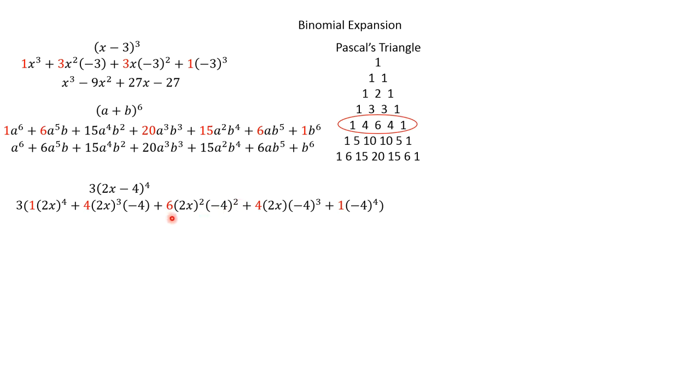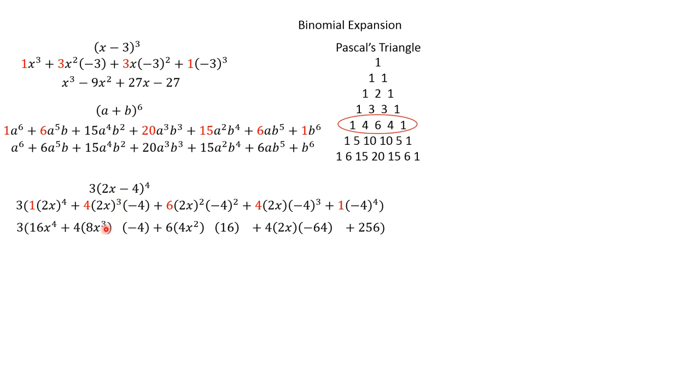We'll have to multiply by 6. 4 times 2 is 8. And negative 4 cubed is going to be negative 64. And then negative 4 to the fourth is positive 256. So we can get our powers dealt with here.